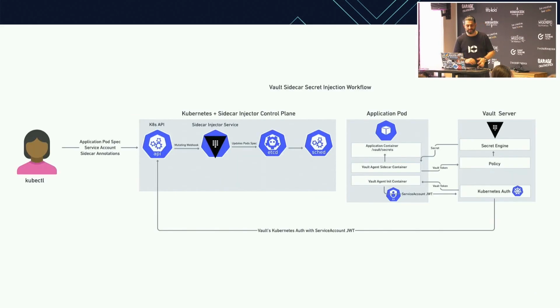With HashiCorp Vault, your pods communicate with the Vault server at the initialization of the pod and get the secrets there, and then your application starts running. That means there won't be any Kubernetes secret created within your cluster.